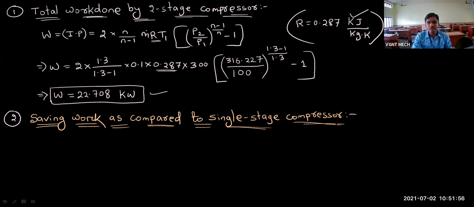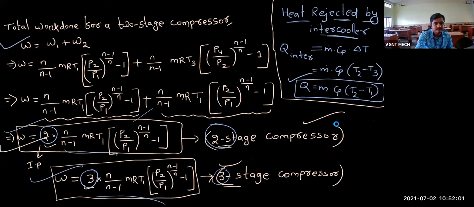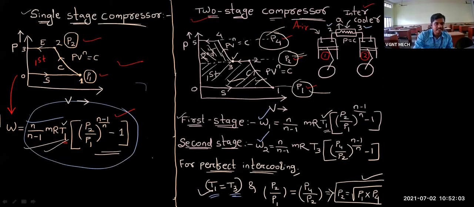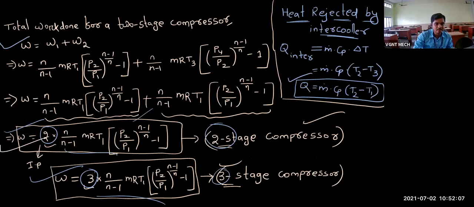Normally you can see in this derivation, for single stage compressor this is the work done formula, and for two-stage compressor this is the work done formula. We are multiplying a 2 with it in two-stage compressor, but still we will get less work as compared to single-stage compressor.